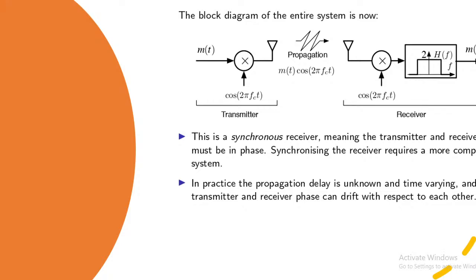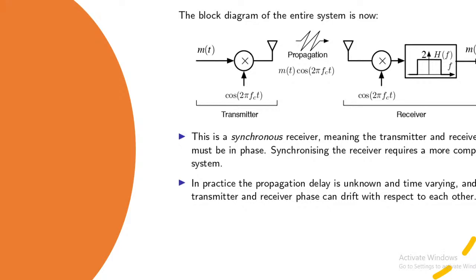This receiver is called a synchronous receiver, which means that the transmitter and receiver have to be in phase. Synchronizing the receiver requires a more complex system, because unless they are completely synchronized, there will be a problem. Why will there be a problem?